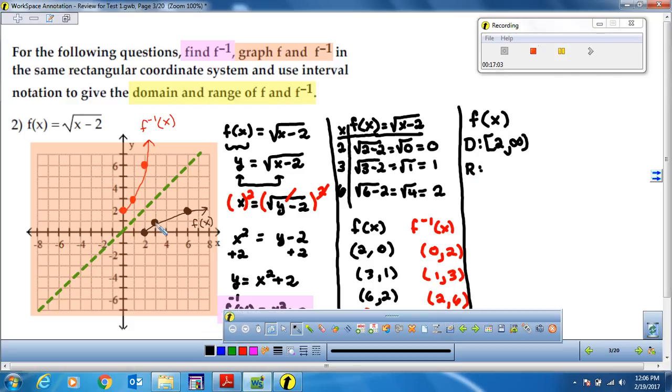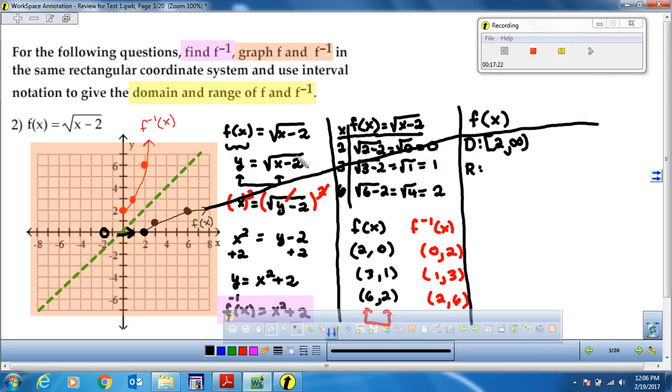Range. Now if we look at the y values, this is the first point on the graph, and the y value for that is going to be 0. That's the y value right here in the middle. So that's the lowest y value on the graph, and then from there, what's happening? The graph keeps going up. So every y value greater than 0 is going to have a point on the graph.